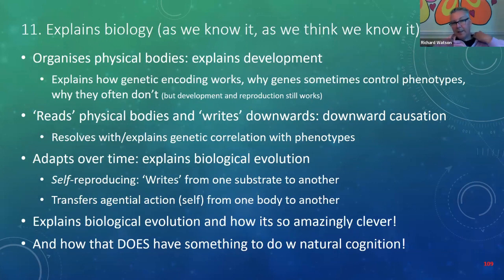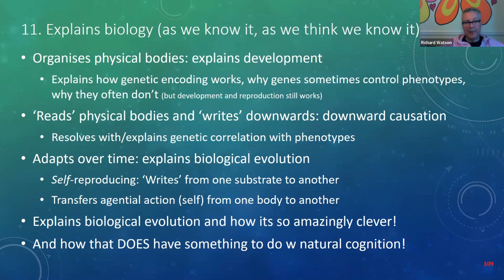Also, we need our theory to explain biology as we know it, or at least as we think we know it. We need it to explain how it organizes physical bodies and explains development. It explains how genetic encoding works, why genes sometimes at least control phenotypes, and why they often don't. But development and reproduction still works. We need to know how to read physical bodies and write them, downward causation, that resolves or explains the correlation between genotypes and phenotypes.